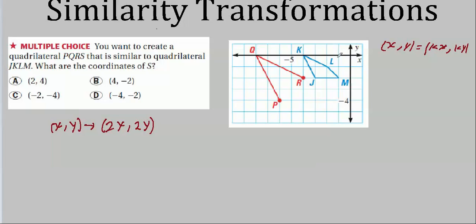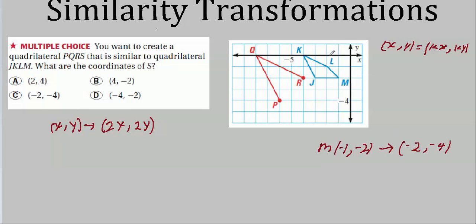So here we have -1, -2 is m. So just write m. Gee whiz, there we go. -1, -2. That would go to what? Well, -2, -4. Where the heck is that?